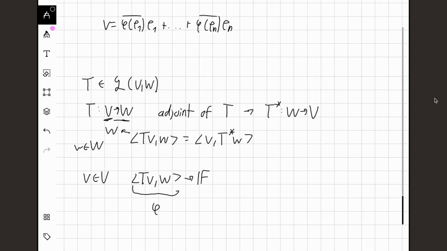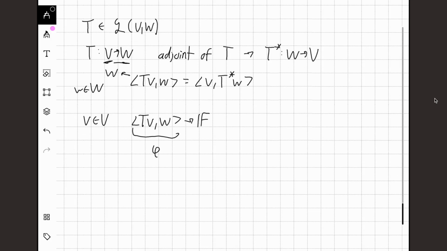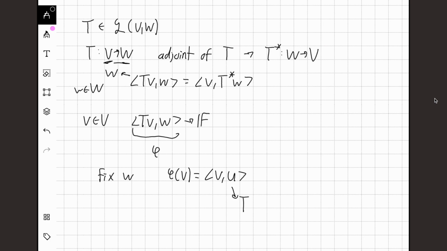Now we know by Riesz's representation theorem that if we fix w, and we have this linear functional on V, then this linear functional has to equal the inner product of our vector v with a special vector u, and this special vector u just so happens to be the adjoint of T times w.